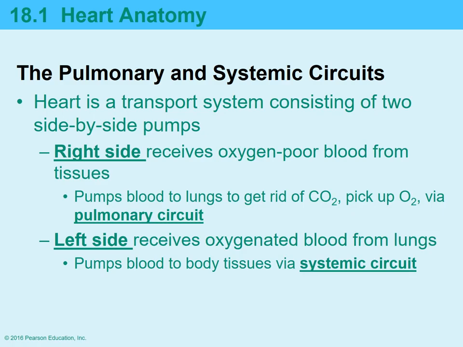This blood is now highly oxygenated, which means it has a high concentration of oxygen, very low in CO2. And now the left side of the heart will pump the blood out the aorta to the systemic circuit or systemic circulation pathway, which is everywhere else.